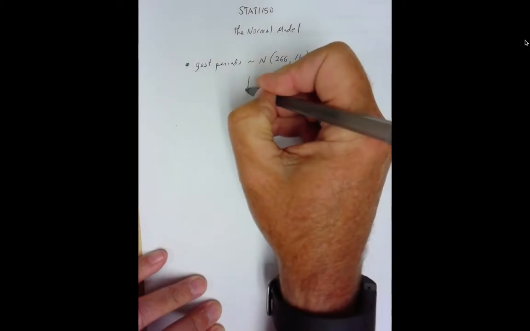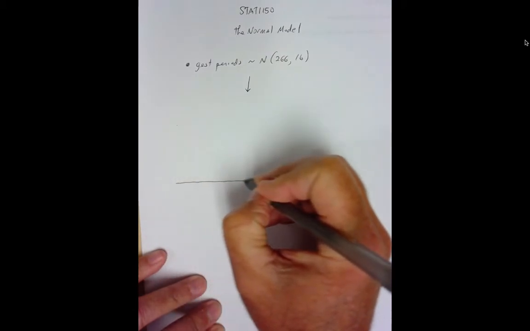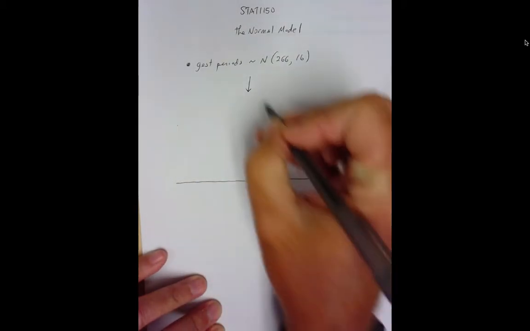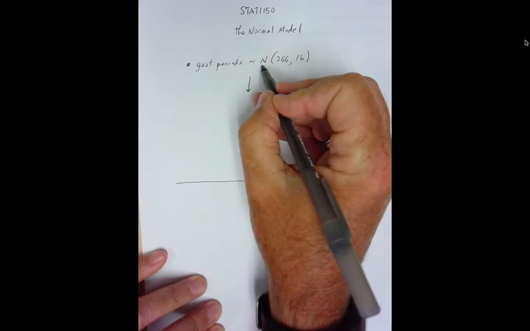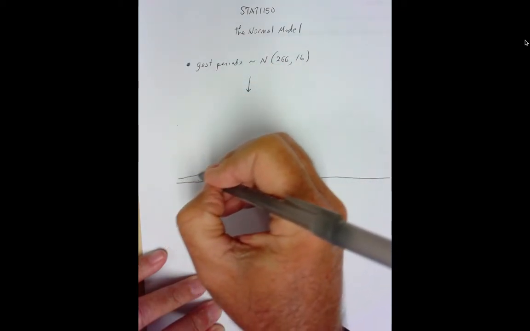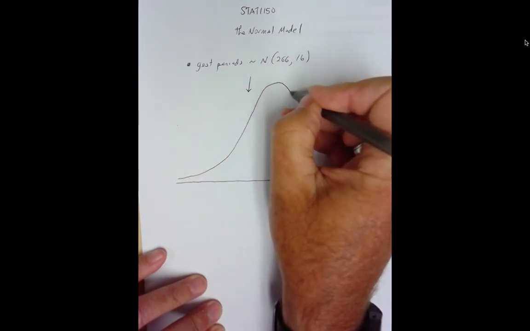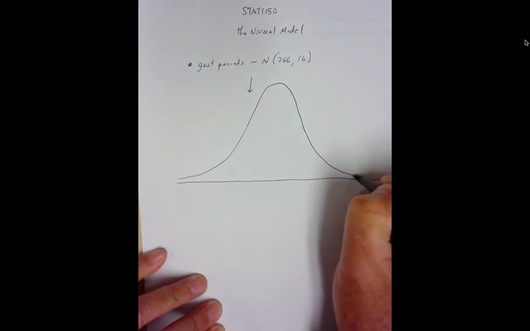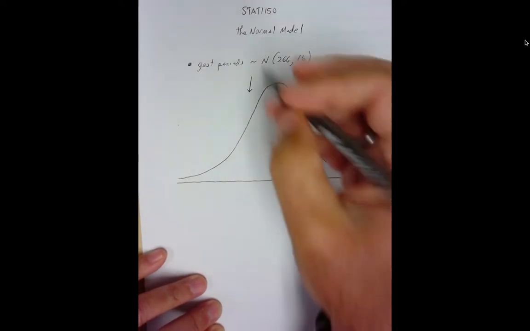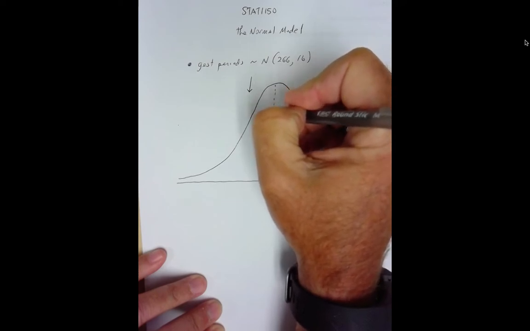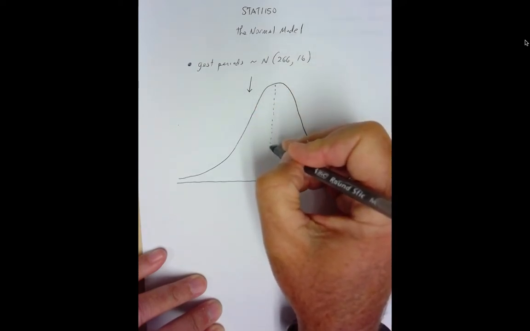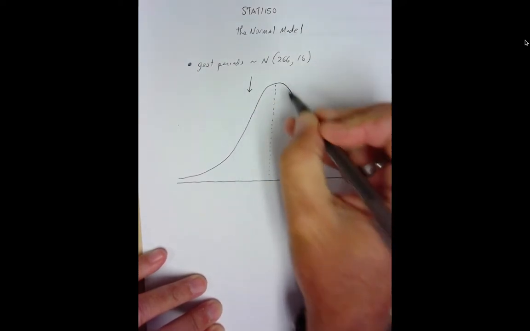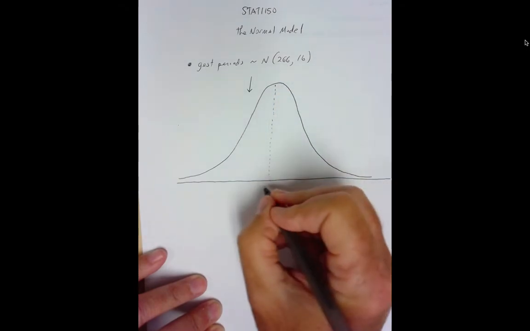So from this information and the previous video, we know that we can draw, first of all, let's read from left to right. We know we have a normal distribution. We know smack dab in the center of that distribution is the mean. And with this notation, the mean is the first number that we're given.